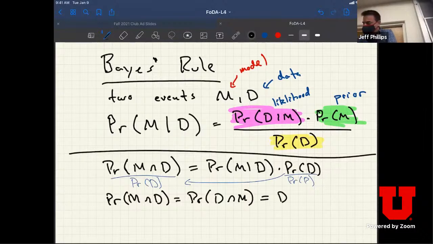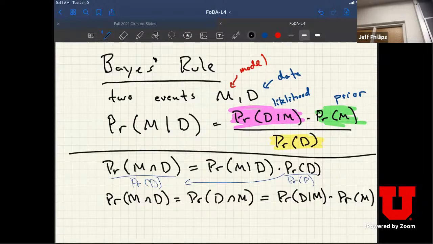And this is equal, by the same argument, to the probability of the data given the model times the probability of the model. So now I have the probability of the model and the data equal to both of these things.